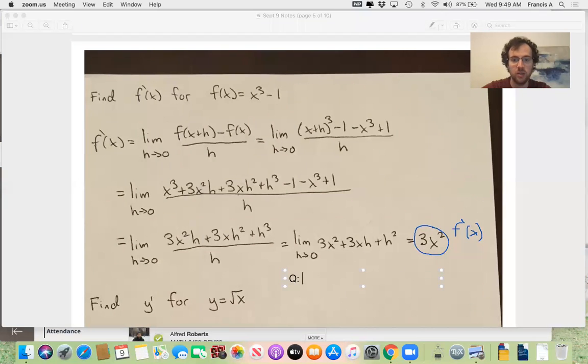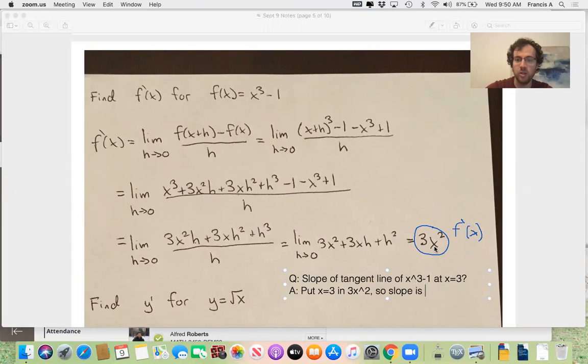So for instance, the slope of the tangent line of x cubed minus 1 at x equals 3. The answer, put x equals 3 in 3x squared. So the slope is 3 times 3 squared. That's 3 times 9, which is 27.